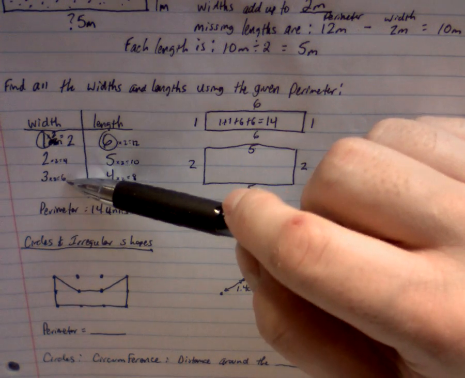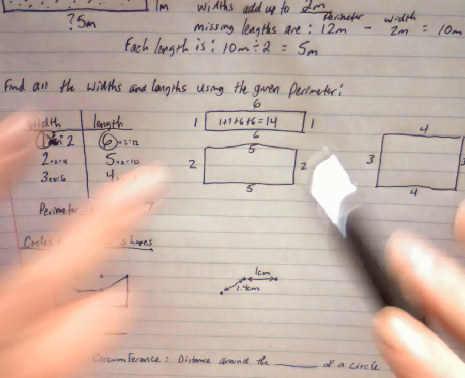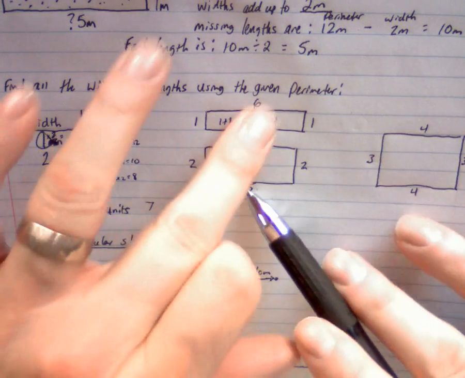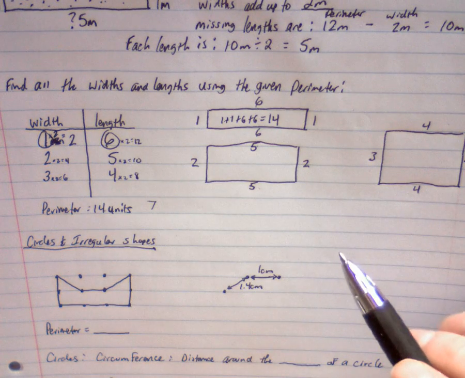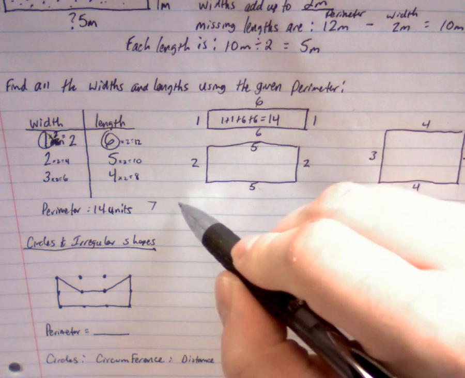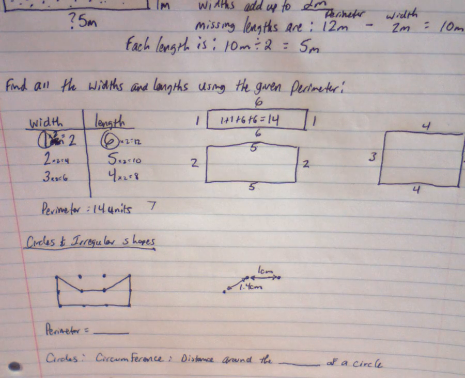If something was 7 units, because each pair of sides needs to be equal, we could never do that, because if you were using whole numbers, which we are, you could never have enough whole numbers.